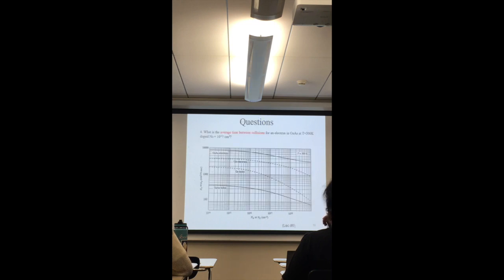Now I would also like to help you a little bit with the homework problem. One homework problem is to calculate the average time between collisions. To calculate this value, you need to use the microscopic expression for mobility. Mobility is proportional to the relaxation time tau, or the average time between collisions.